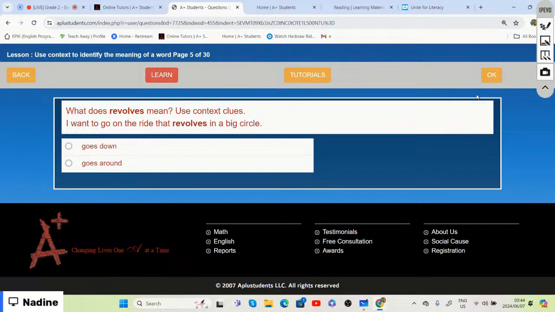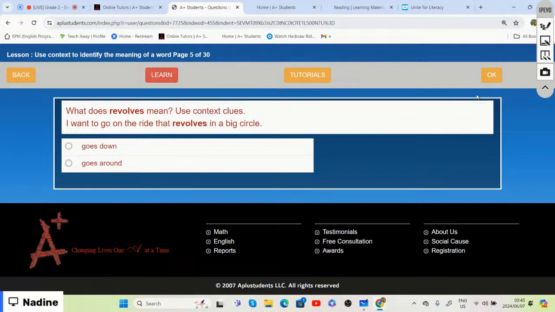So what does revolves mean? They usually say something revolves around you or something does not revolve around you. They usually say, oh, the world does not revolve around you.